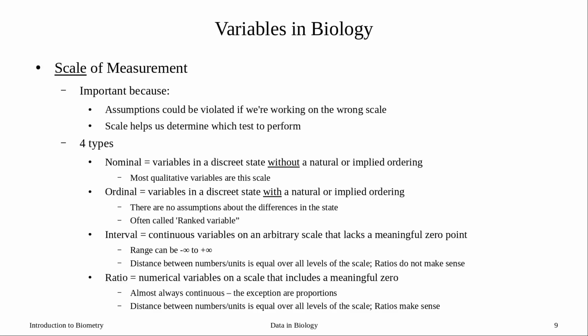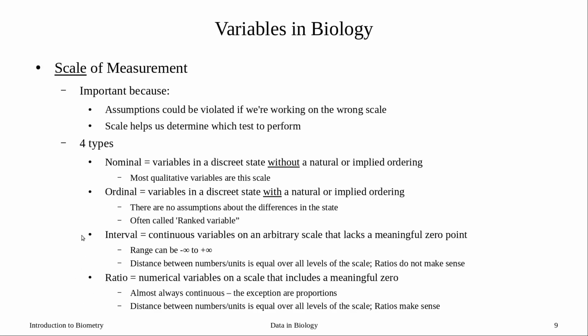They do not respond. They don't move when you reach in to grab them. And 4 is death. So you can look at the difference between a 0 and 1 and between a 2 and a 3, and they don't have the same magnitude of difference. So with ordinal data, even though there's natural or implied ordering, there is no assumption about the magnitude of difference between each of the scales. They could vary.